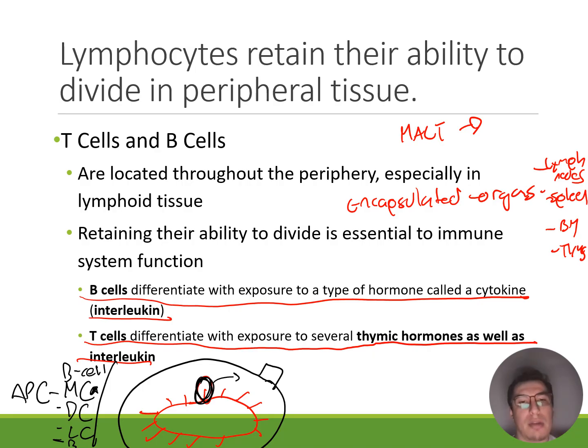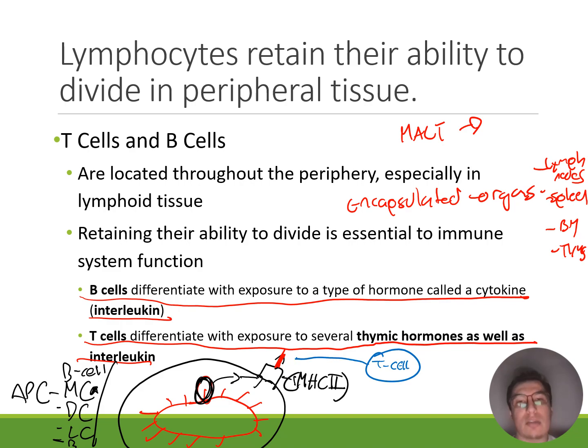It's going to bring it over here and show it in this receptor. This receptor, we're going to call it MHC2, major histocompatibility complex. And this receptor, now that it is shown here, is meant to show T cells that may be nearby. We're going to put this as a T cell.